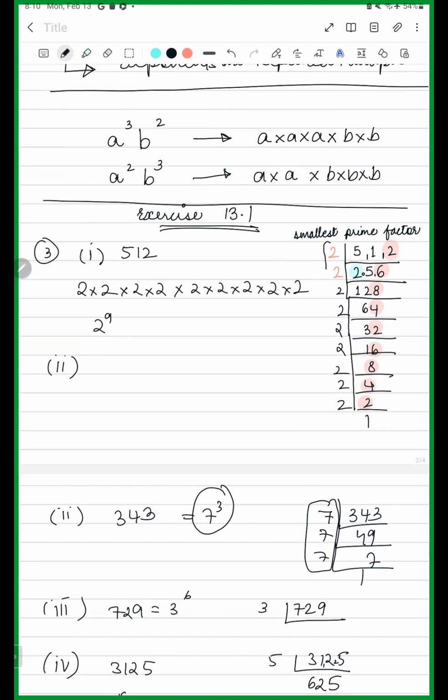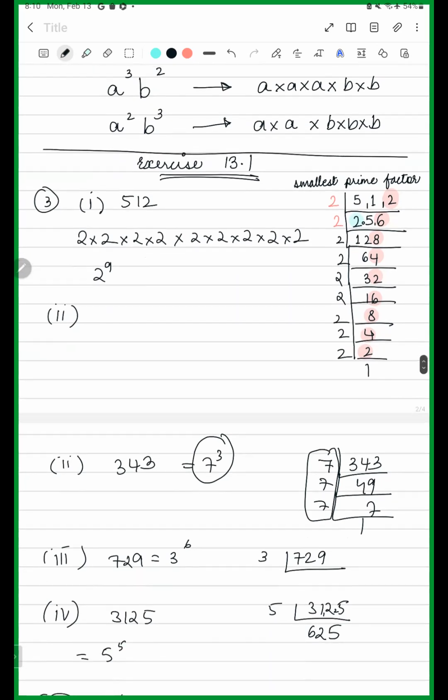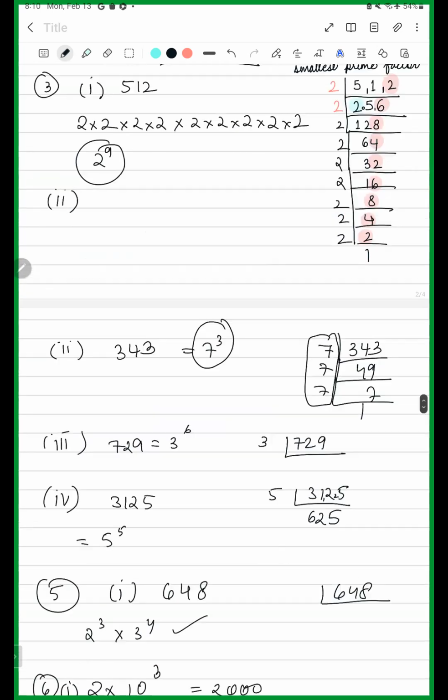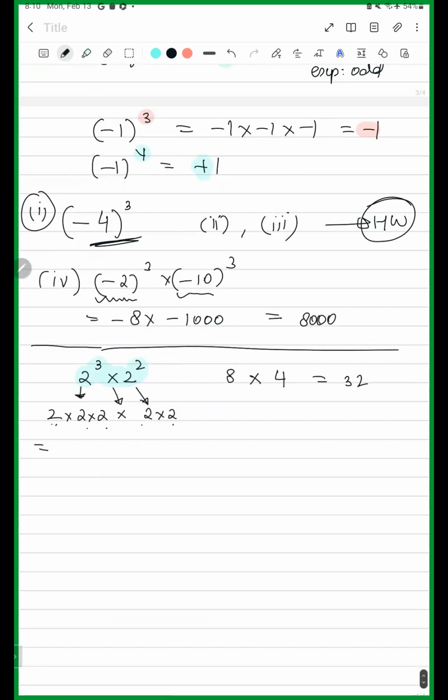Here, 9 times you were multiplying 2 by itself, so you wrote 2 to the power 9. Same thing I'm asking you: 2 into 2, that is 5 times. How are you going to write this? 2 to the power 5, right?